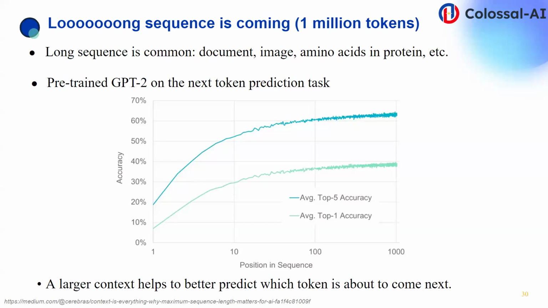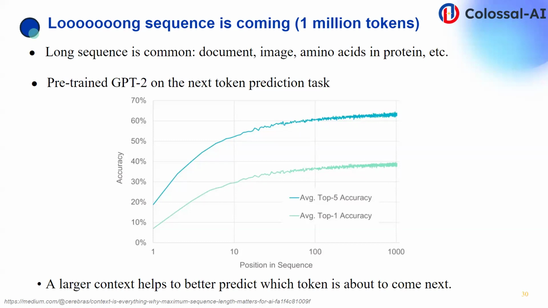We know the loss function of GPT. In the loss function of GPT, I hope you remember, we use the context information to predict the next word. That means a longer sequence gives the model more information to make the prediction.